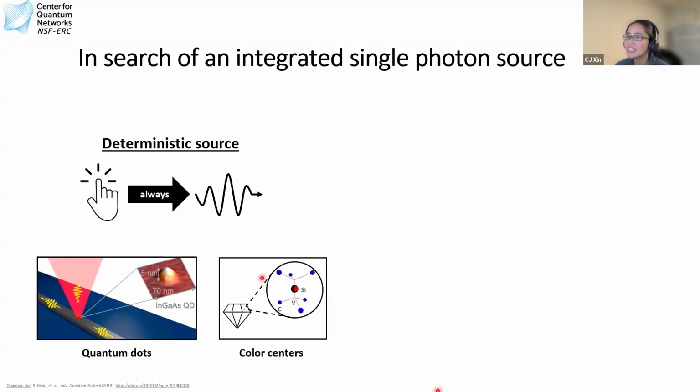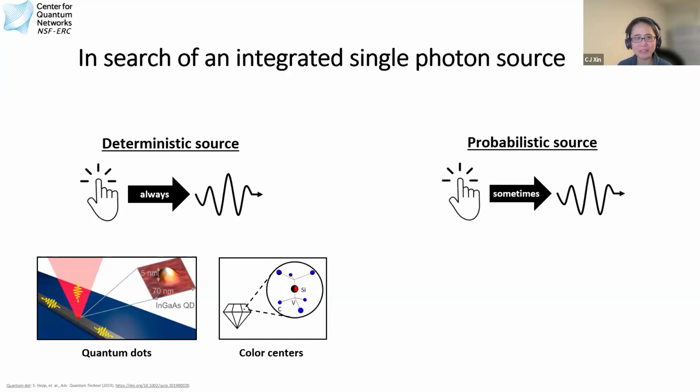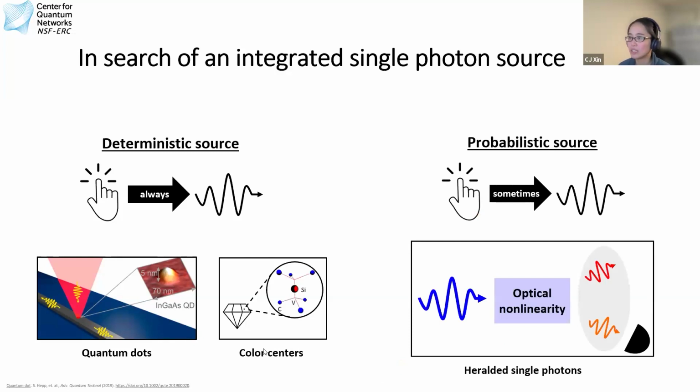And then for some reasons that will hopefully become clear as we go along, we also work a lot with probabilistic sources, where you click a button and then you sometimes get a single photon out. And you might be wondering why we would ever want to use that. It sounds strictly worse. I'll address it later. And those sources typically are based on some kind of optical nonlinearity, parametric conversion of frequency.